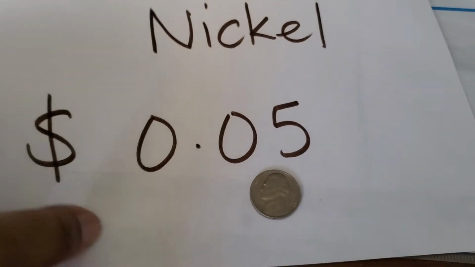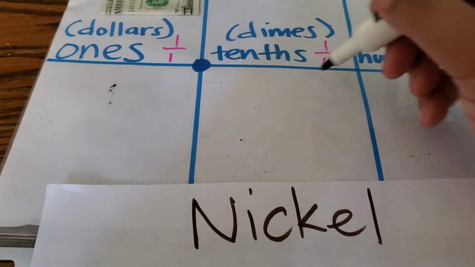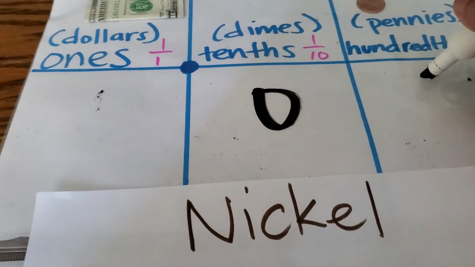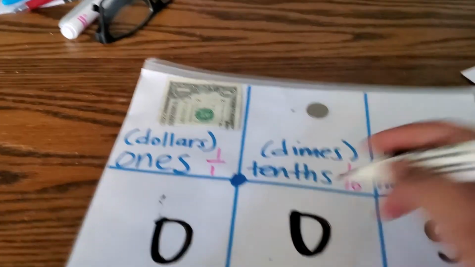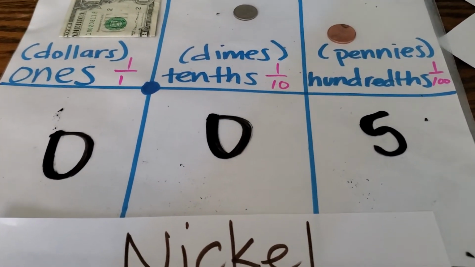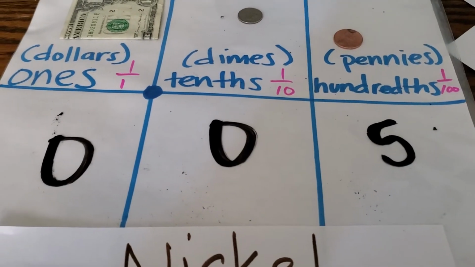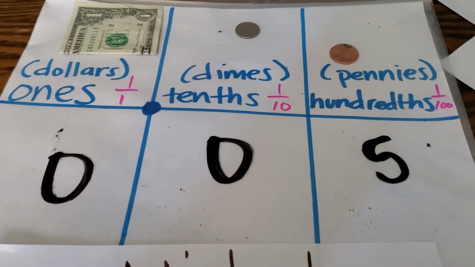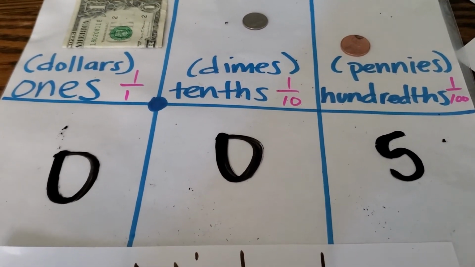If you were to talk about a nickel in terms of decimals, you have a 0 in the tenths place. You could also write a 0 in the ones place. That doesn't hurt anything, doesn't change the value. So you've got a 5 in the hundredths place, which would be equivalent to 5 pennies. If I were to say this in decimal notation, it would be 5 hundredths.